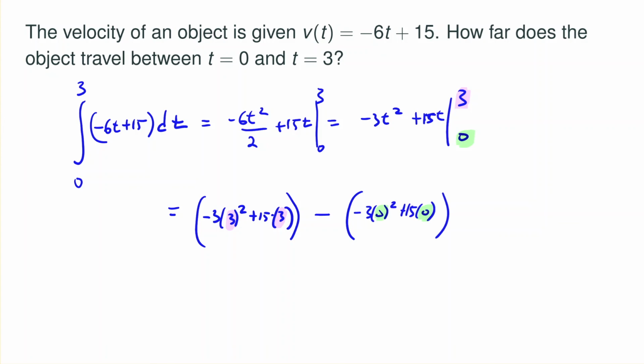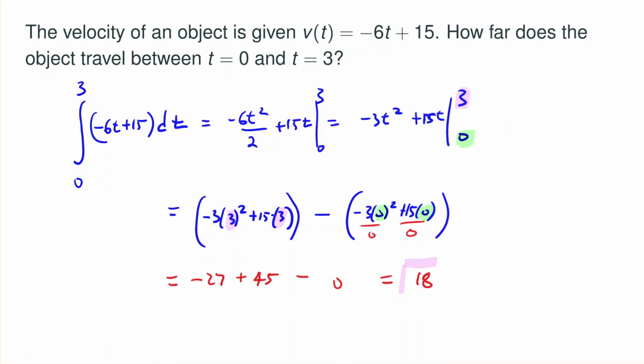So let's simplify that. Here I get negative 3 times 9, which is negative 27, plus 45, minus 0, which gives us 18.